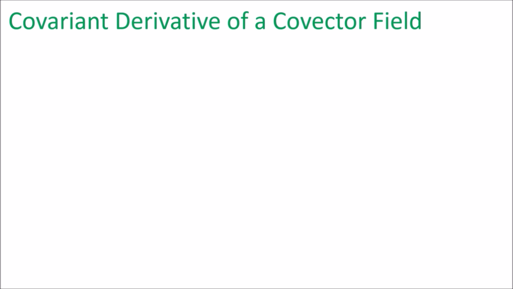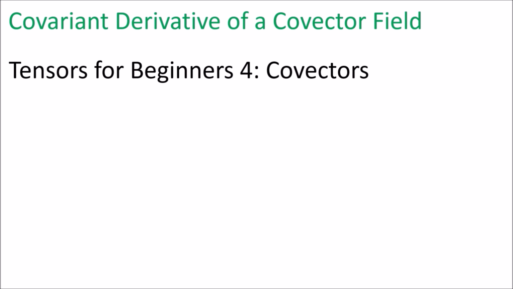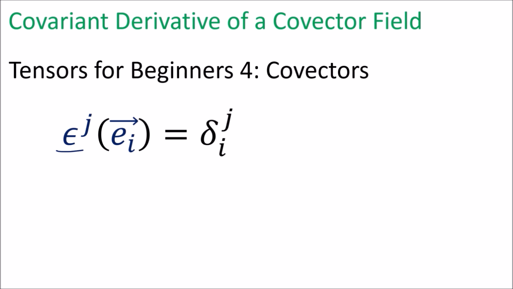Let's start by defining covariant derivatives for covector fields. So way back in my Tensors for Beginners video number 4, I introduced the epsilon basis covectors, which are defined by this equation here. So when the covector epsilon j acts on the basis vector e_i, we get the Kronecker delta j i.